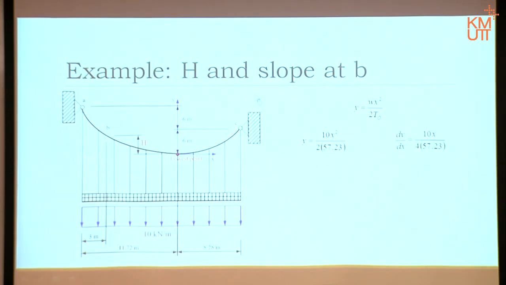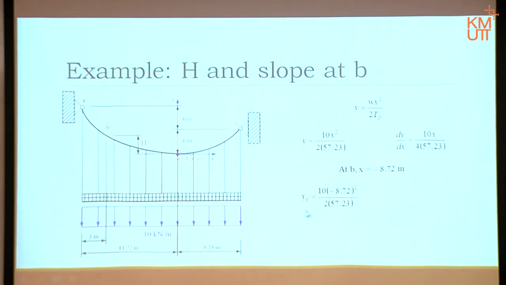So at point B, notice that it has to be measured from here to here. The distance will be 8.72. But we measure from here to here, so that x is minus. Substitute into that equation, then we should get YB.